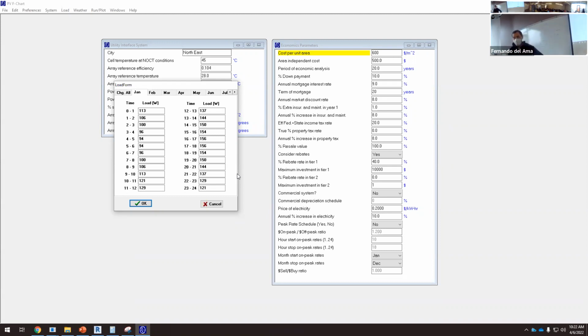That's good, but that means that first we need to get this information from somewhere. What's the load? You see that here we have January, February, March, April, May, June, July. Okay, so we have all the months here, and then we can do it hour by hour. So this is from 0 to 1, from 1 to 2, from 2 to 3. So we can do this 24 times.